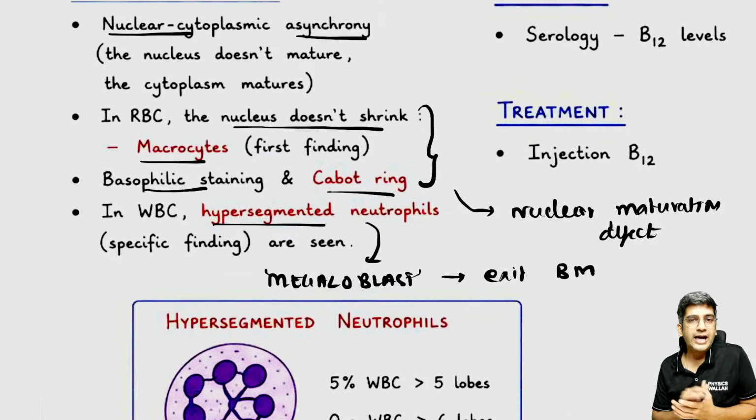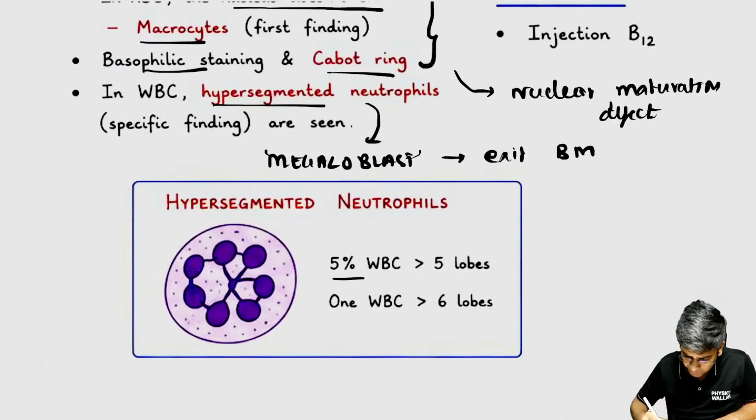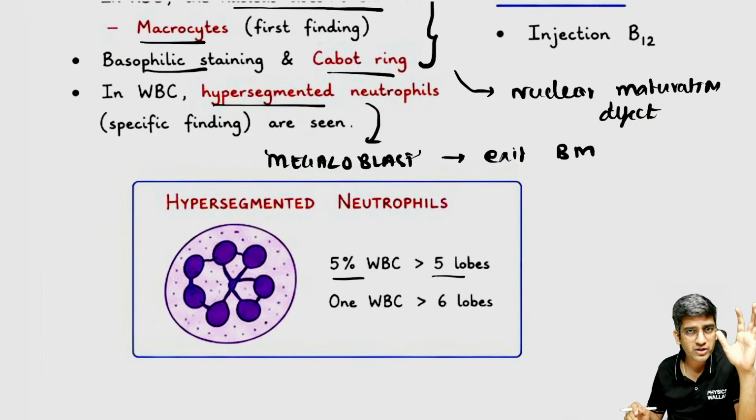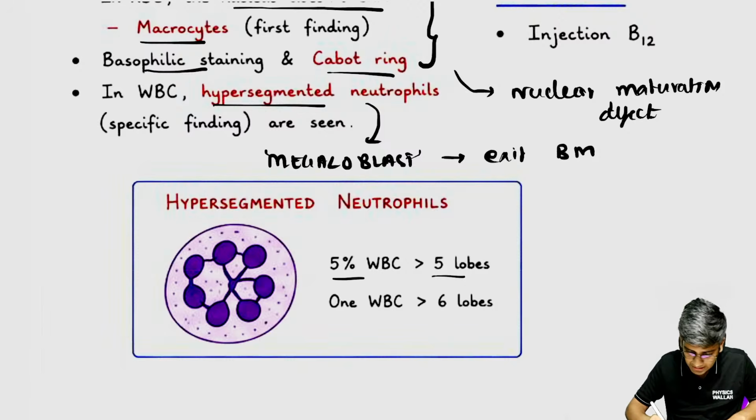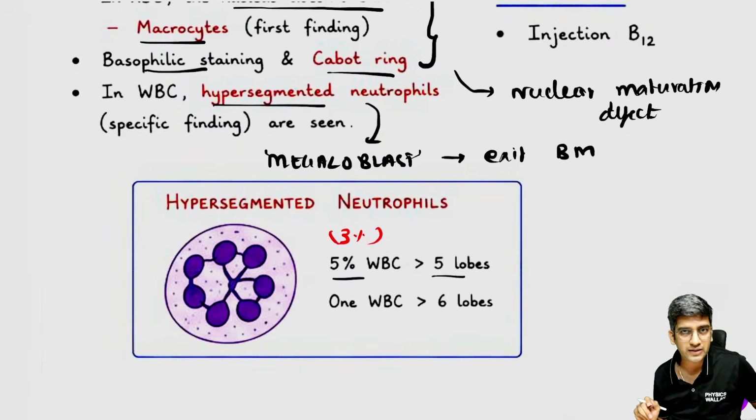The hypersegmented neutrophil is due to the megaloblast. One of the classical findings for B12 deficiency or megaloblastic anemia. That's the reason the name came, megaloblastic anemia. Hypersegmented neutrophils can be more than 5% of the WBC having more than 5 lobes. Some Indian books say more than 3%. In a viva or an MCQ, whichever is the right answer, go with that. Okay.